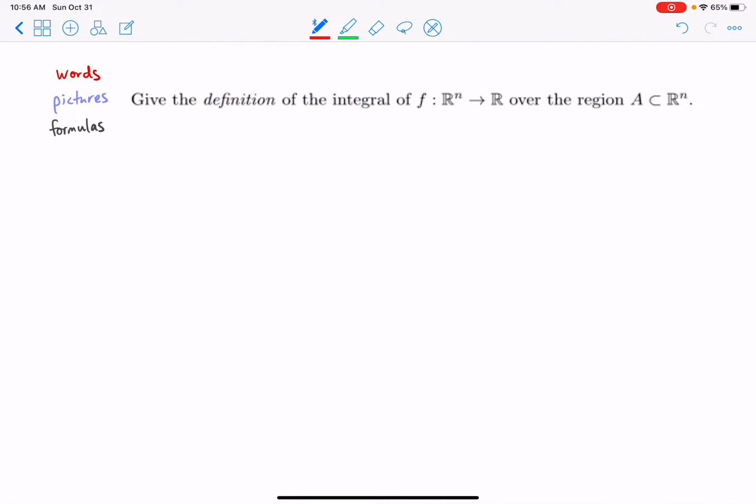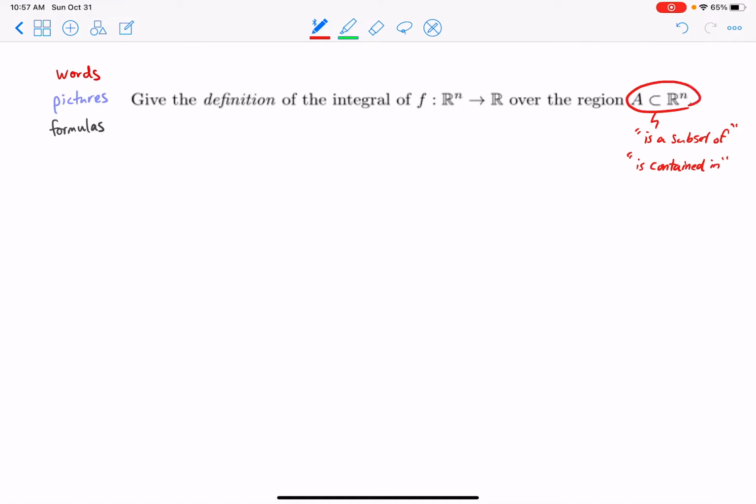Okay, hi everybody. So give the definition of the integral. The integral of a function on n-dimensional space over some region. So in particular, this means that we have, well, this symbol means is a subset of, or you could also read it as is contained in.